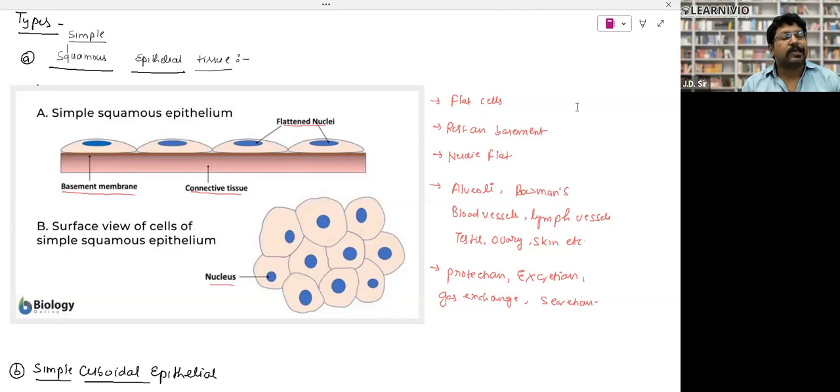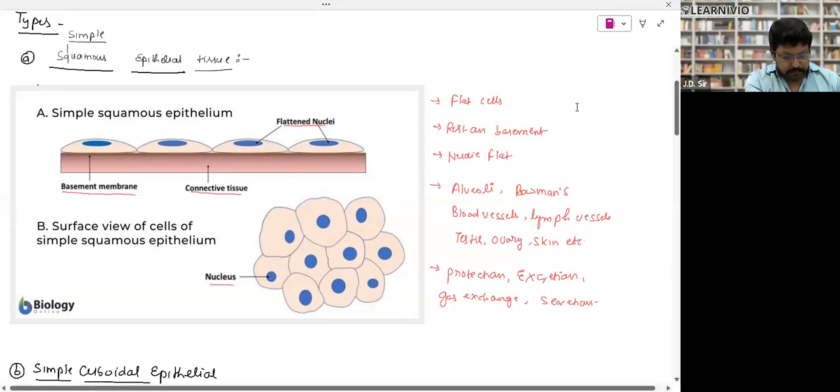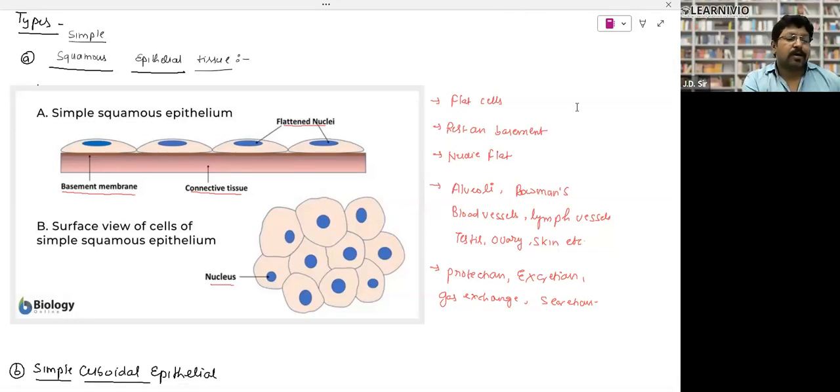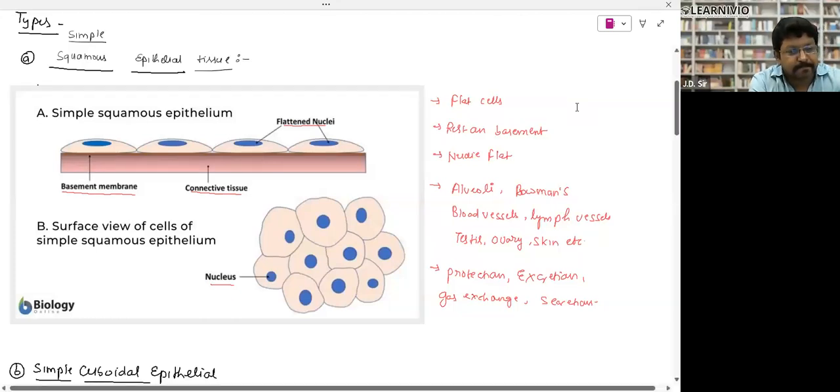Large, flat cells fit closely means they are compactly fit with each other. The cells rest on a basement membrane.